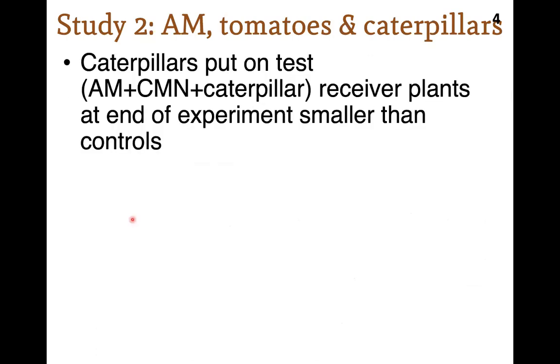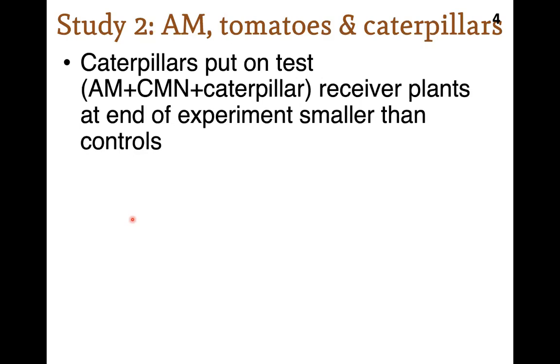Okay, if we go to slide number 4, one thing that I'm not showing you is another test they did. So they did these tests where they looked at the plant defense response enzyme activities. But what they also did is they put caterpillars onto the test plants, so the receiver plants, and looked to see how much they grew for a certain period of time.